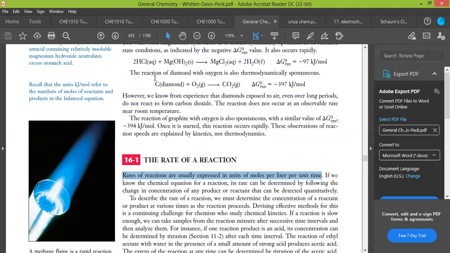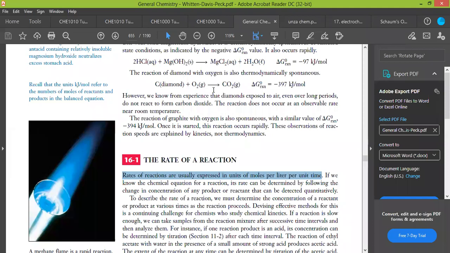So you can study the rate of this reaction with respect to carbon. So at what rate is carbon being consumed? Because it's a reactant, it is going to be consumed. Or you can look at what rate is oxygen being consumed, because it is also a reactant. Or you can look at this particular reaction at what rate is what? Carbon being produced.